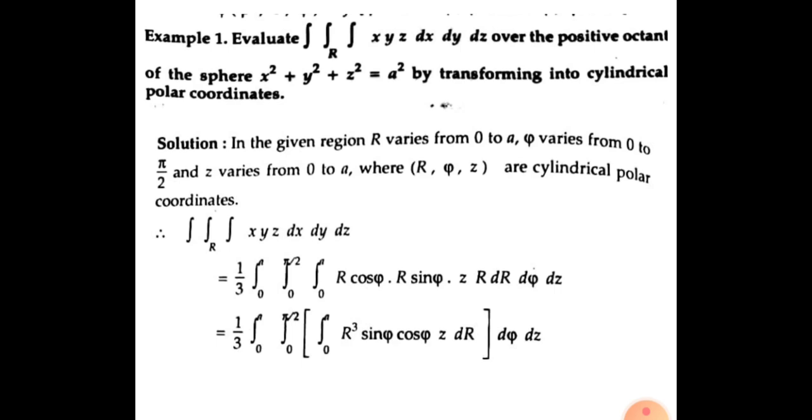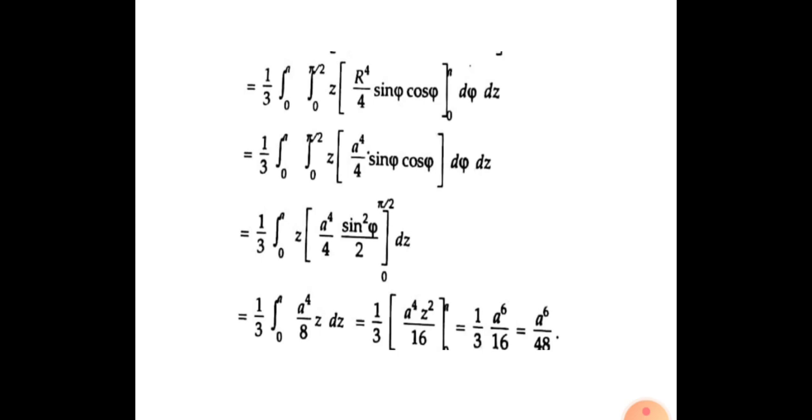When integrating with respect to r, the integration of r³ is r⁴/4, times sin φ cos φ, limits 0 to a. When applying the upper limit, we get a⁴/4, integral of z sin φ cos φ dφ dz.